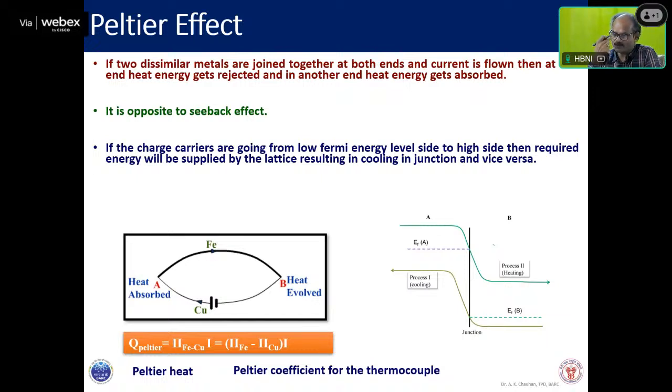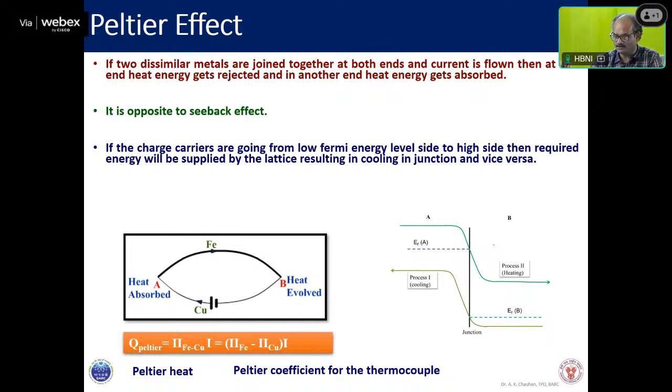So at the end, you are passing a current, and as a result, you have two ends where the temperature at one end is increasing, at another the temperature is decreasing. Normally, one remains at normal temperature and the other you can control.